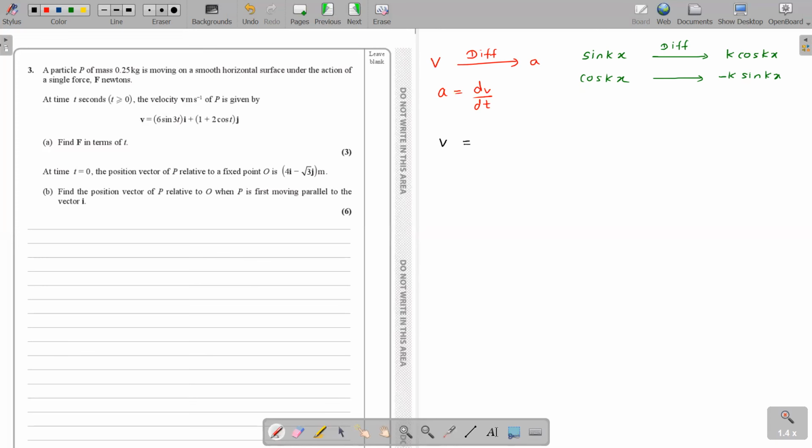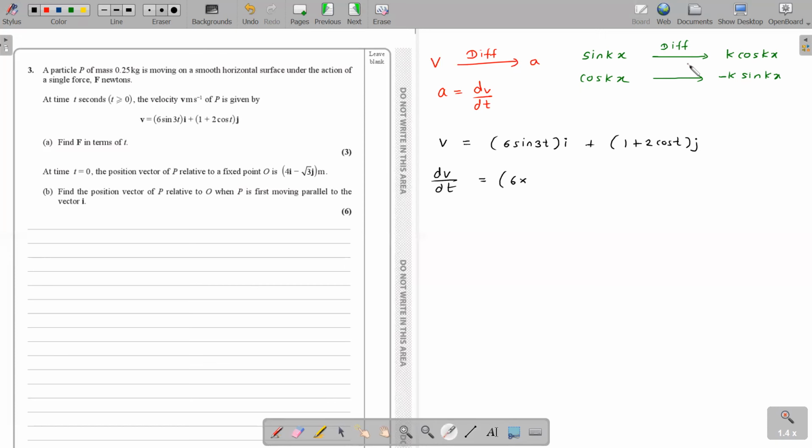Our velocity function is 6 sine 3t i plus (1 plus 2 cos t) j. So how do we find the acceleration? Differentiate. When you differentiate dv by dt, what do we get here? 6 sine 3t: 6 stays out, while the differentiation of sine 3t is 3 cos 3t.